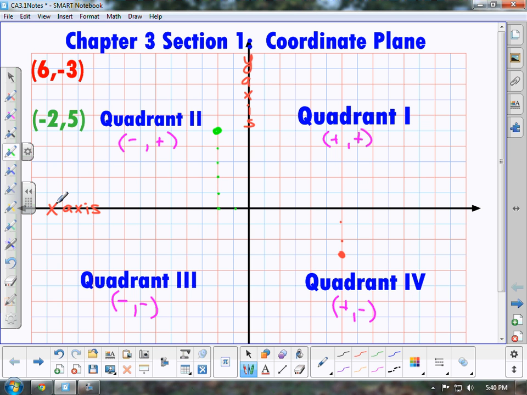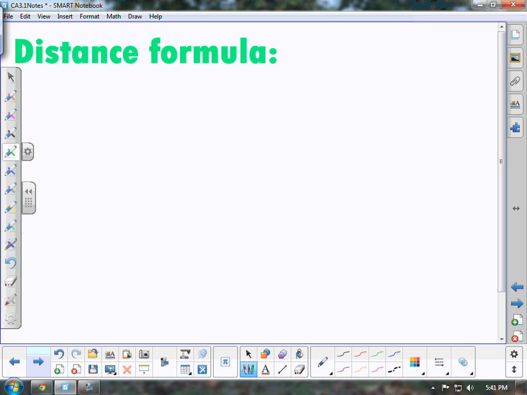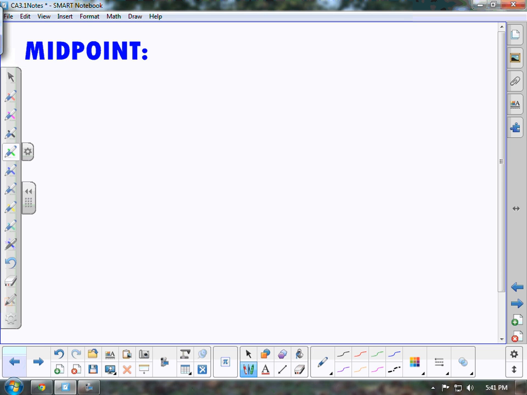Now, the other things that you are going to be asked to find, once you plot some points, you may have to find the midpoint, or you may need to find the distance between the 2 points. So first off, the midpoint, which is halfway in between them.